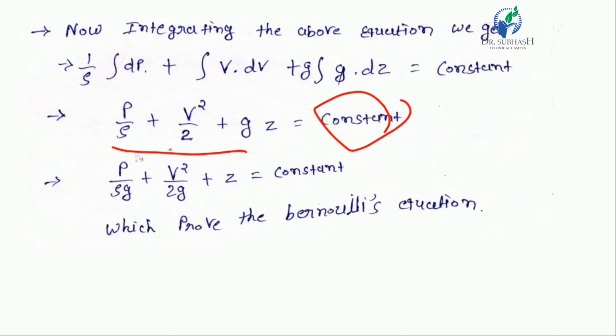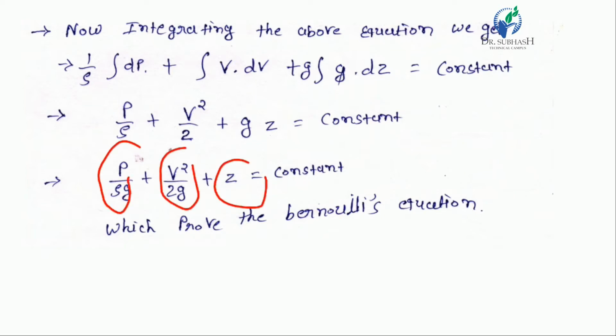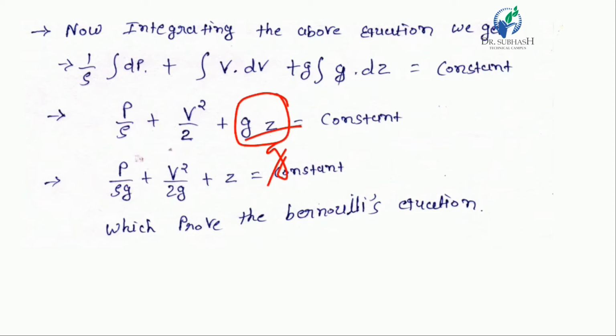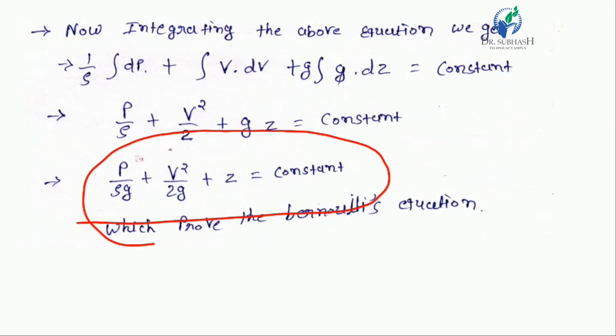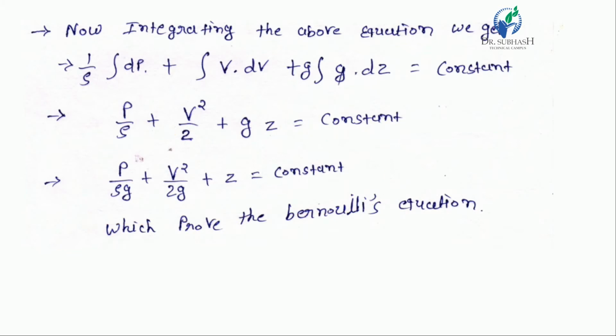Now divide both sides by g: p upon rho g plus v square upon 2g plus z is equal to constant. This is the Bernoulli's equation. So we can say that the Euler's equation follows the Bernoulli's equation.